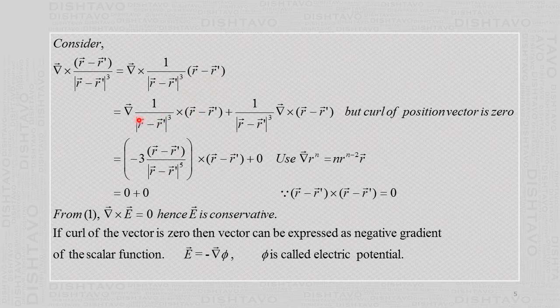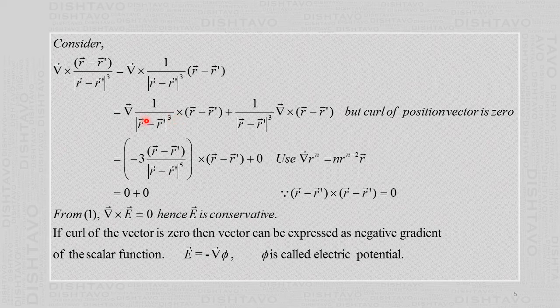So here we don't write cross, because this is a scalar quantity. So we have to find out the gradient. We cannot find the curl of a scalar quantity. But here, del of the scalar function is a vector quantity, and r minus r dash is a vector quantity, so you have to write a cross in between.